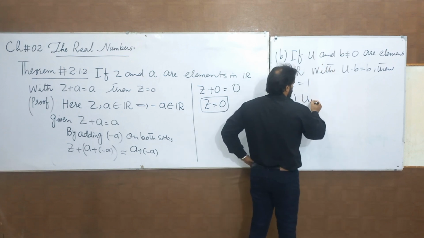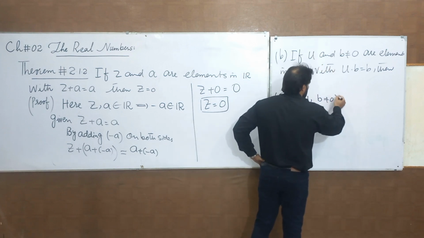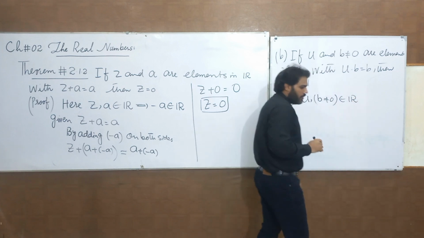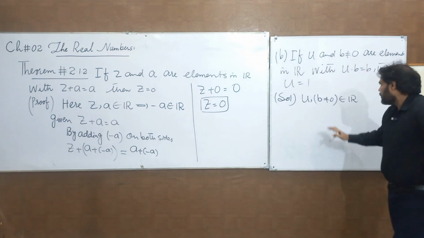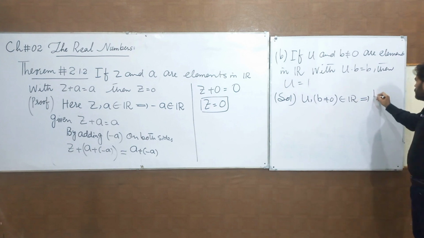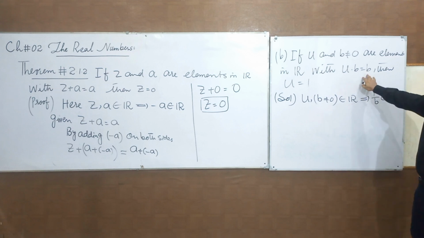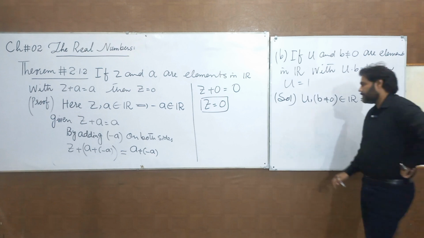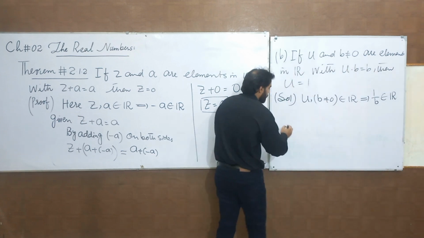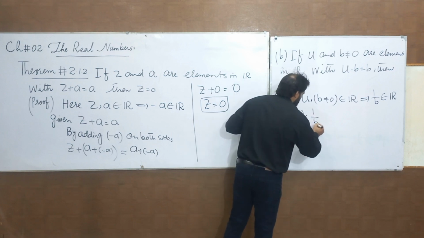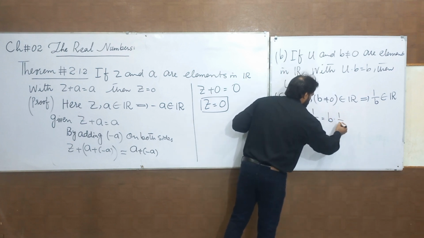Here u and the non-zero element b are both real elements. This implies the reciprocal of b, 1 over b, exists in R. Now we multiply this equation by 1 over b on both sides. We have u into b into 1 over b.